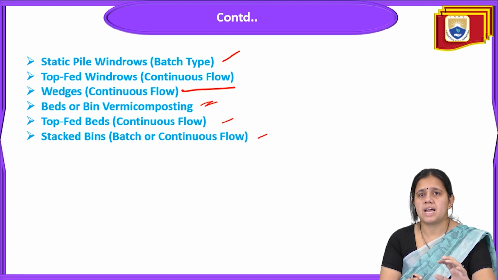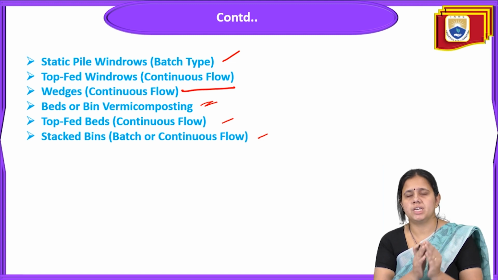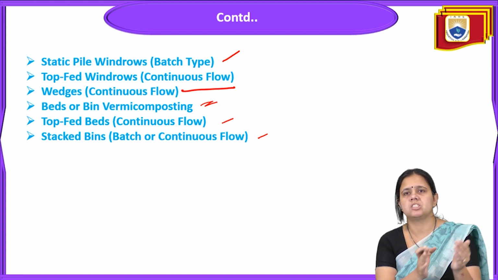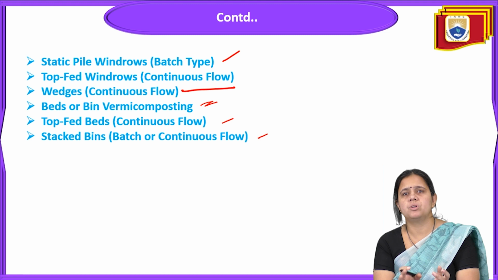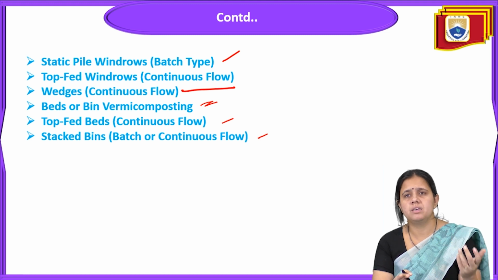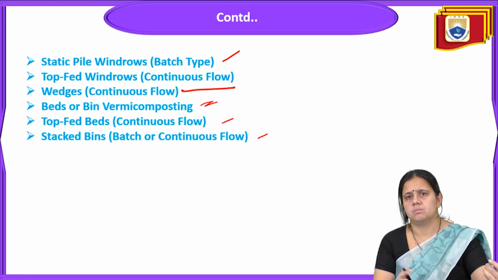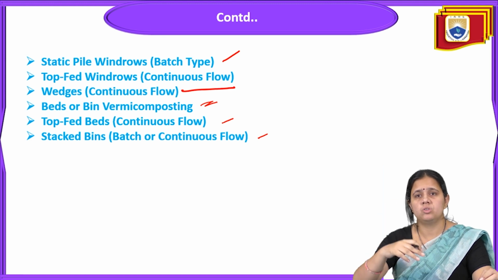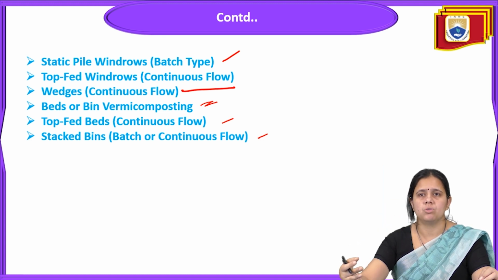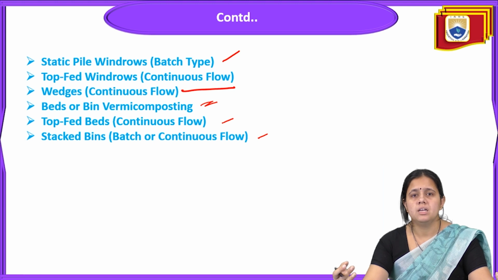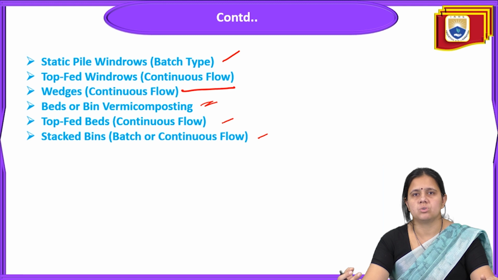So static piles are the batch type. We add these materials in batch mode, and it is put on a big ground or inside the vermicompost bin. Top feed windrows are windrows with a continuous flow. Continuous flow means material is provided to the top feed windrows on a time-to-time basis.